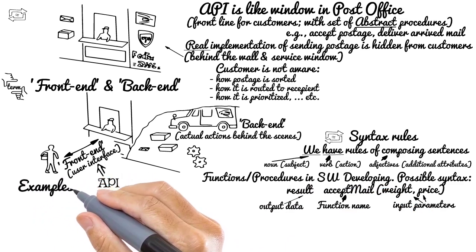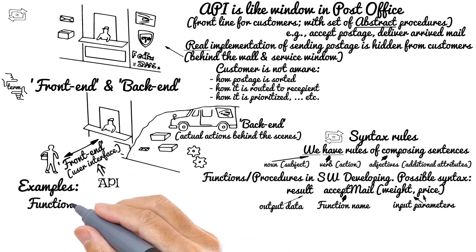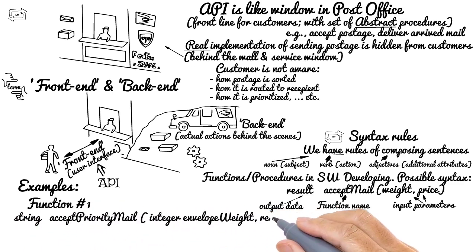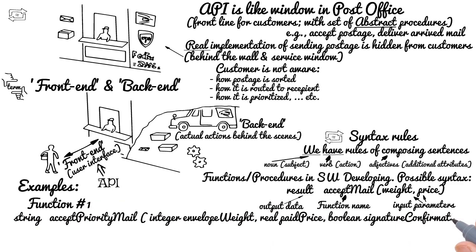For our recent postal service example, we can have a few functions like accept priority mail with input data envelope weight, paid price, signature confirmation. This is the function name. These are input parameters. This is the return value type. The function returns a tracking number as an output string if the envelope was accepted, or an empty string if it was rejected due to an incorrect price paid at the time of sending.